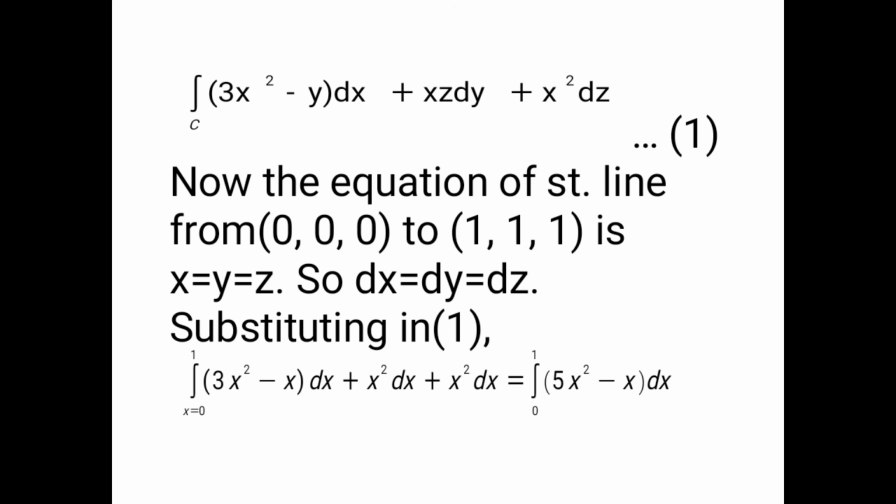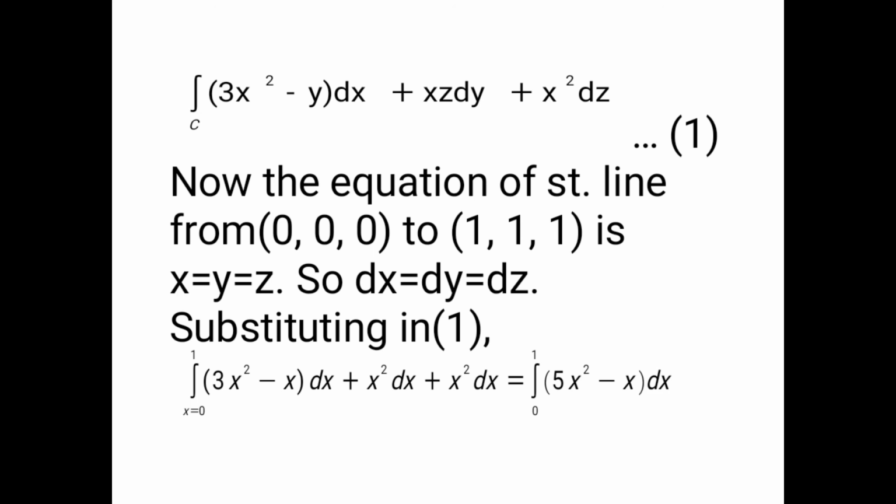The equation of the straight line in 3D space connecting the 2 points (x1, y1, z1) and (x2, y2, z2) is given by (x minus x1) divided by (x2 minus x1) is equal to (y minus y1) divided by (y2 minus y1), and this is equal to (z minus z1) divided by (z2 minus z1). So (x1, y1, z1) is the point (0, 0, 0) and (x2, y2, z2) is the point (1, 1, 1).